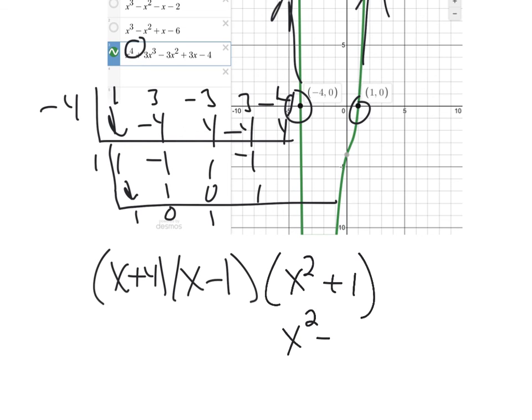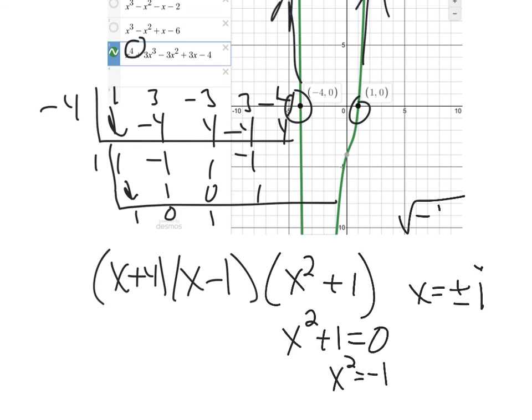I don't even want to use the quadratic formula on that. I could, but for this one, when's that equal to 0? Well, x squared equals -1, so x equals plus or minus i, and you know where that came from. Maybe I ought to write it out: x equals plus or minus the square root of -1, and we know the square root of -1 can be written as i.